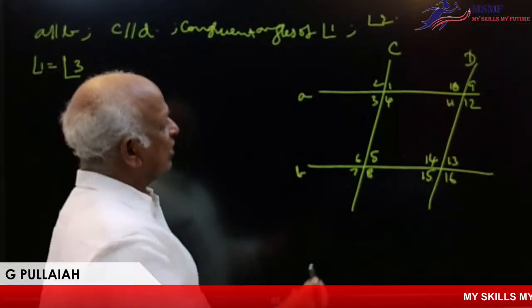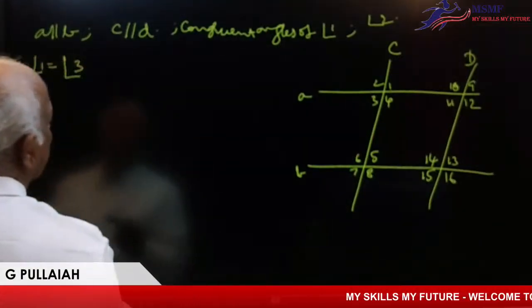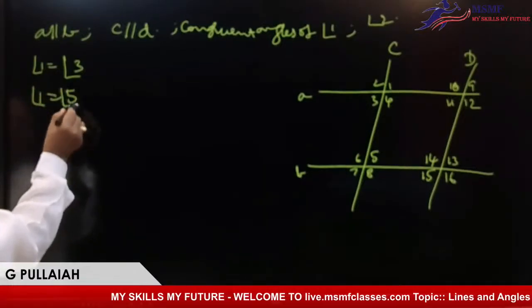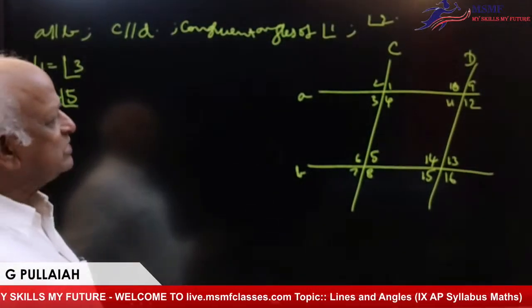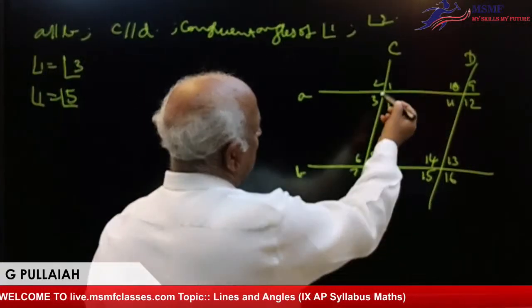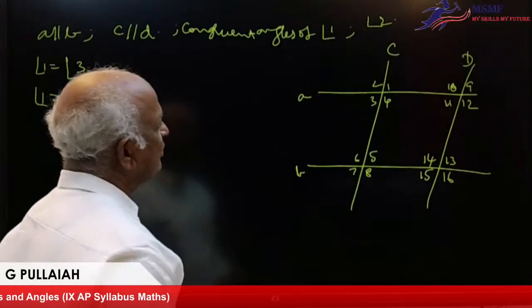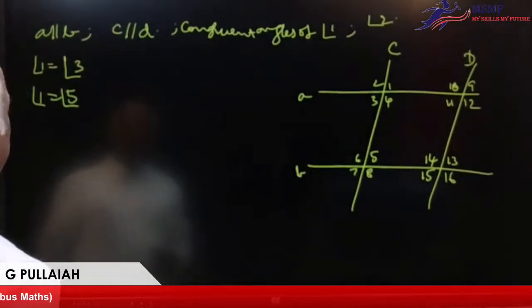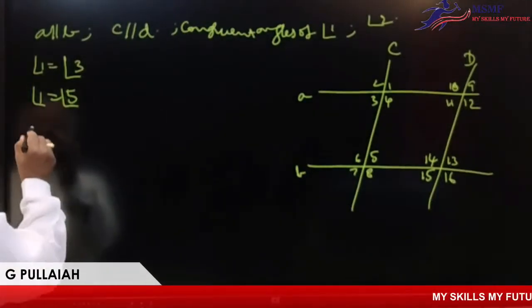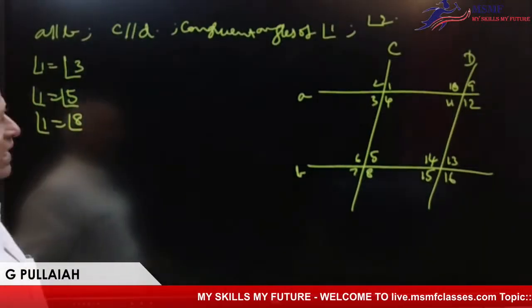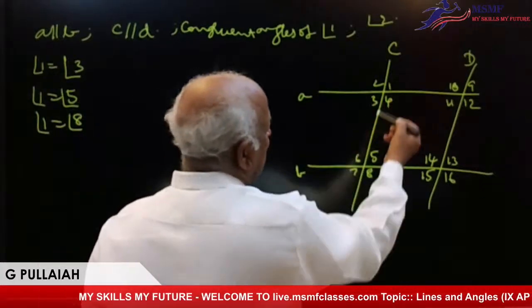Now I can say that angle 1 is equal to angle 5, because they are corresponding angles. Similarly, angle 1 is equal to angle 8 because they are exterior angles.